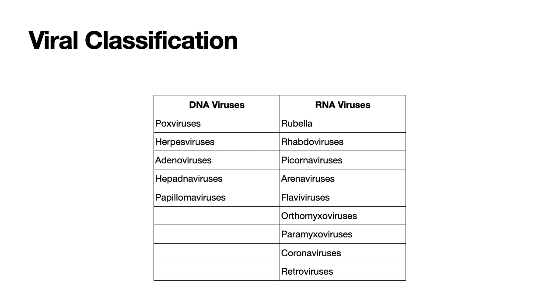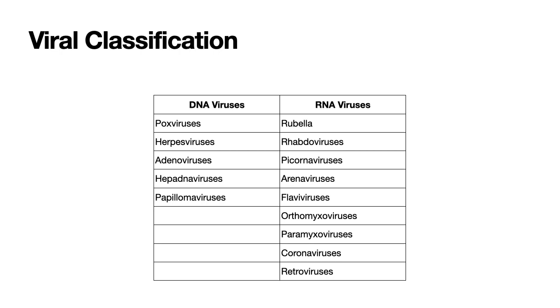Rhabdovirus, an example of this would be infection with rabies virus. You have picoRNA. An example of these viruses would be polio virus, which causes paraplegia or paralysis of the lower limb.